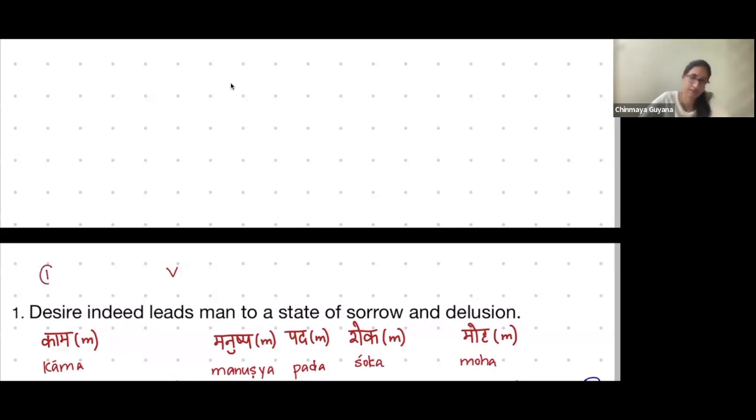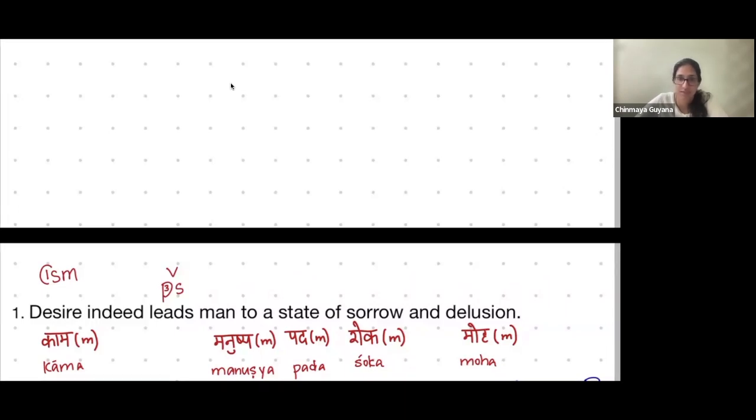First case is desire. Singular and masculine. If desire is the subject, what is the verb? First, second, or third person? Third person. And because desire is singular, this is going to be singular. So far, so good.